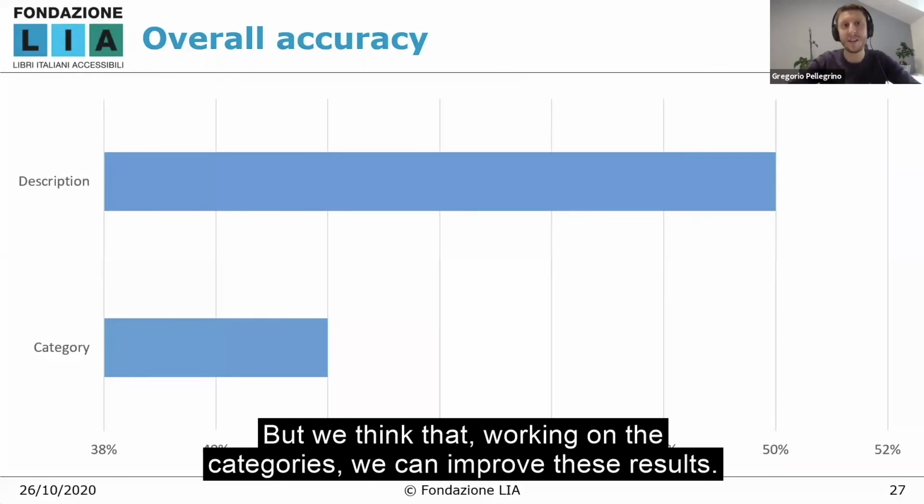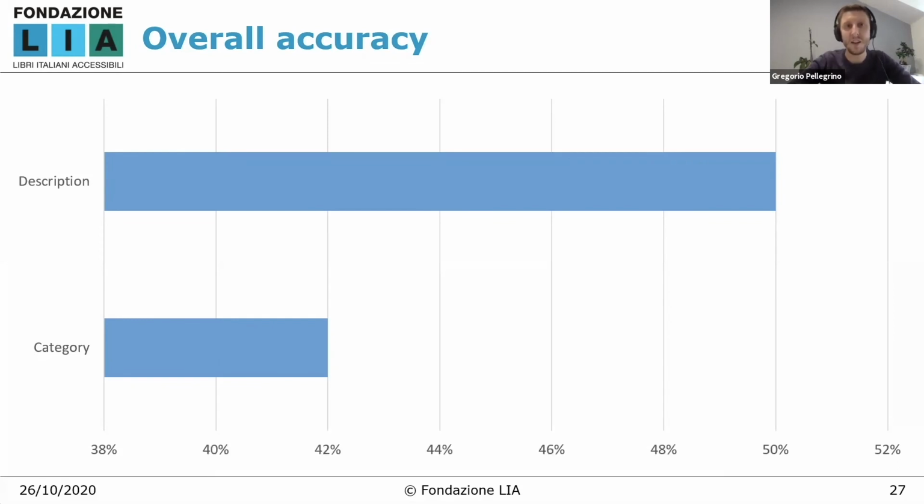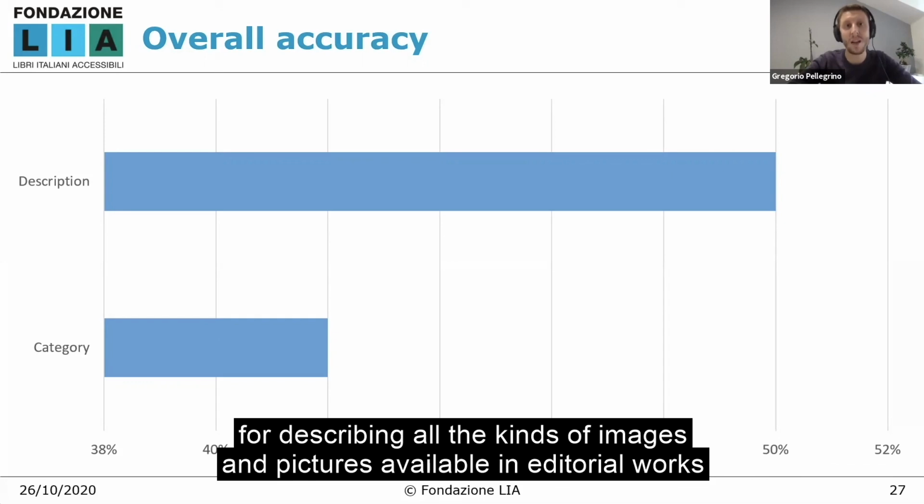But we think that by working on the categories, we can improve these results. So we are now working with the National Research Center in Italy to have an omnicomprehensive taxonomy for describing all the types of images and pictures that are available in editorial works.